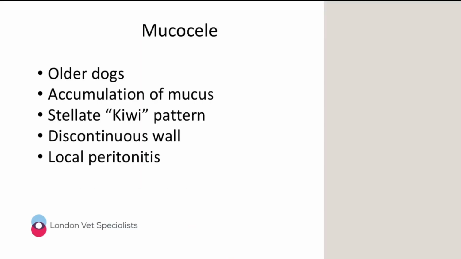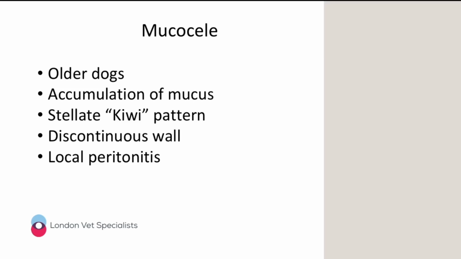So moving from the pancreas to the liver, mucoceles are something that you guys will come across from time to time, the more often you put the probe on older dogs' abdomens. Mucoceles are essentially just an accumulation of mucus within the lumen of the gallbladder, and they have a very characteristic appearance.